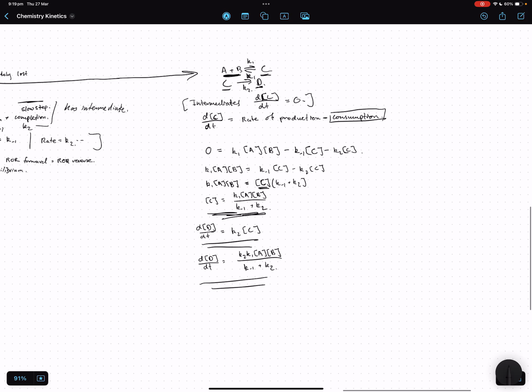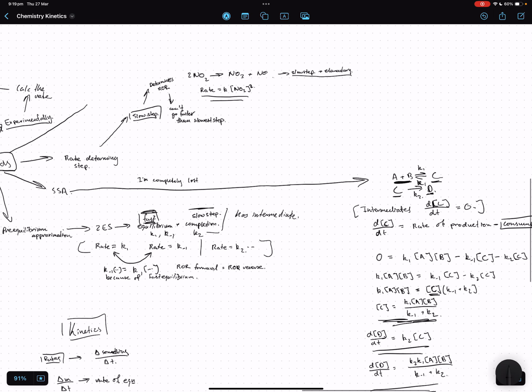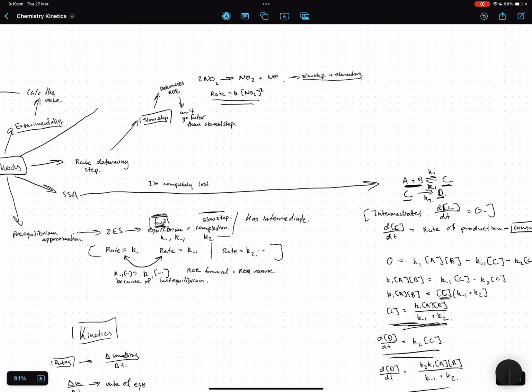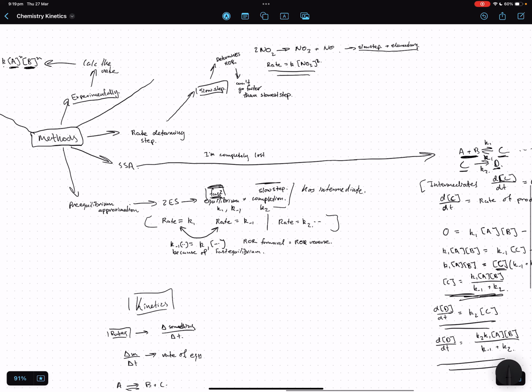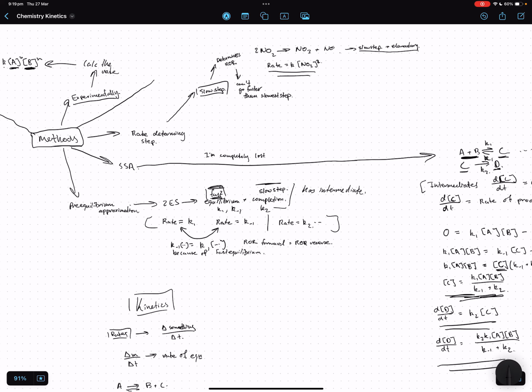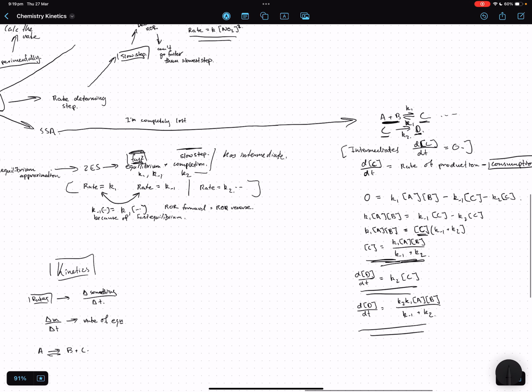So we could have the same reaction, and if we knew that this equilibrium is fast, then we could do this pre-equilibrium approximation. We might get a different result, but ultimately, as long as the concentration of the products is consistent across both, they should predict pretty similar things.